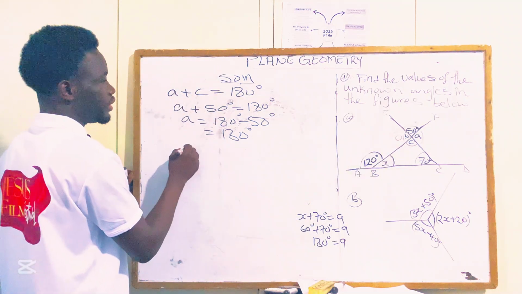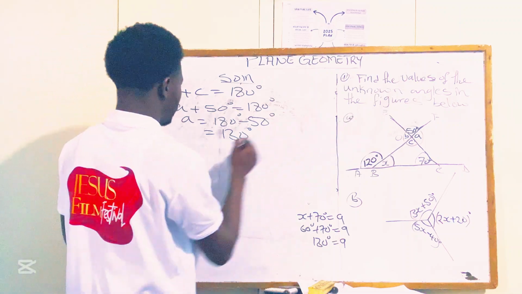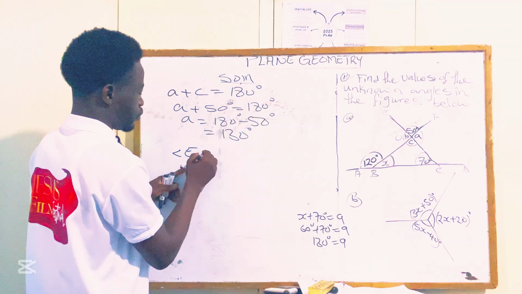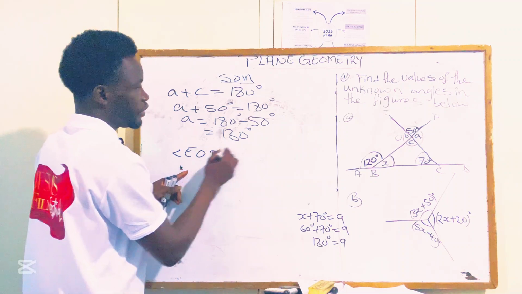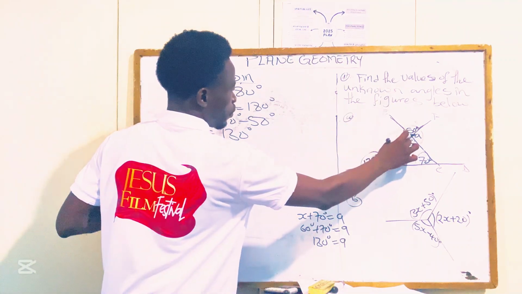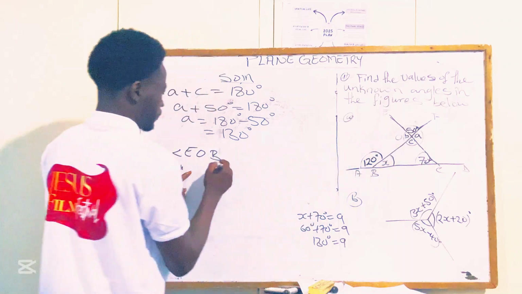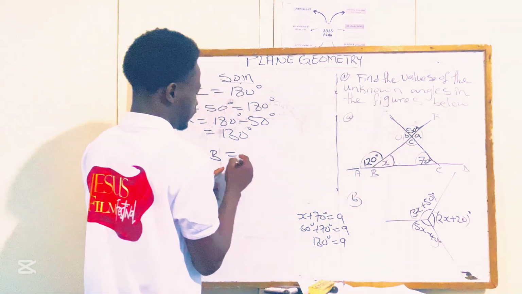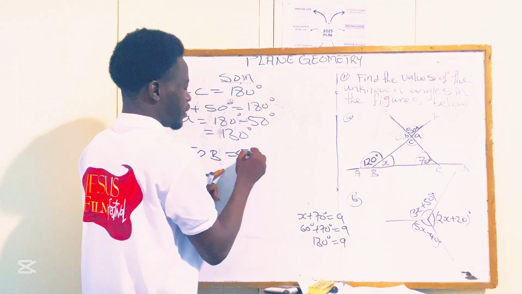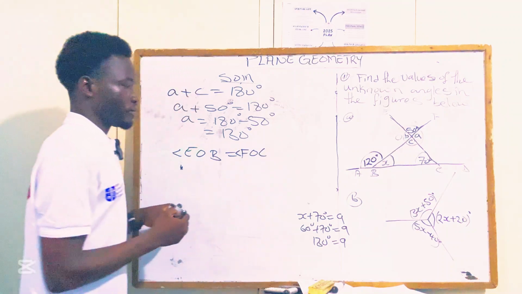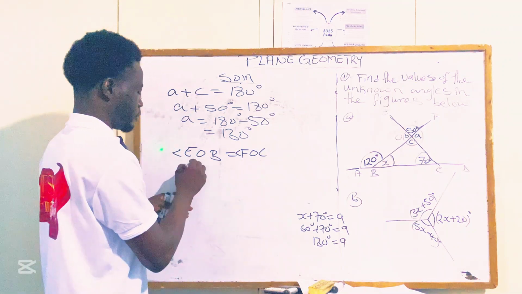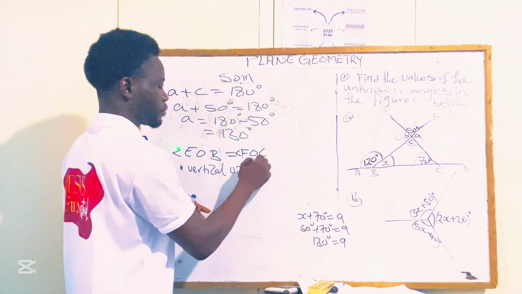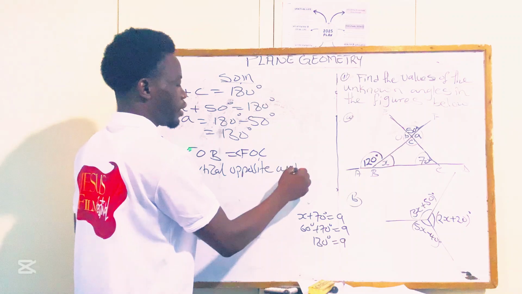So angle B, I'm now stating these properties. You say that angle EOB, the O is the center, is equal to angle FOC, vertical opposite angles.